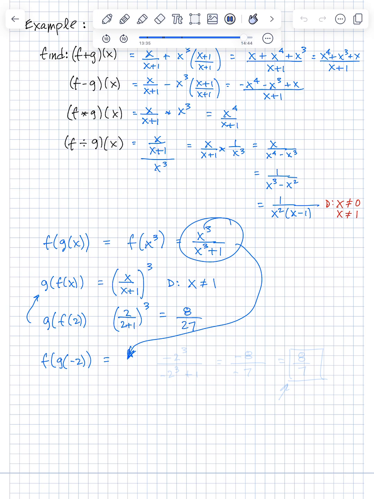So it's going to be negative 2 cubed over negative 2 cubed plus 1. Negative 2 cubed is negative 8. Plus 1 is a negative 7. So that turns out to be 8/7.